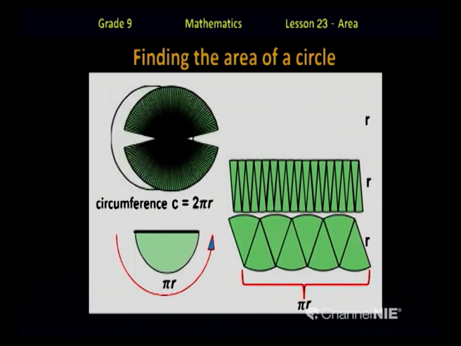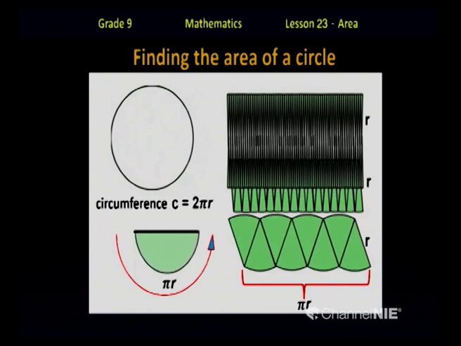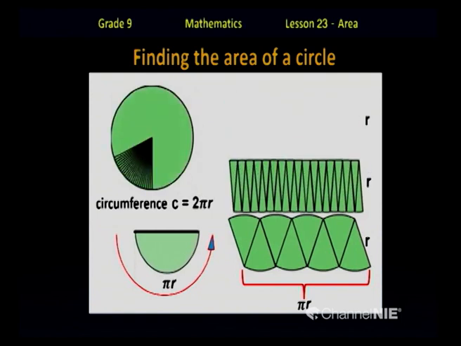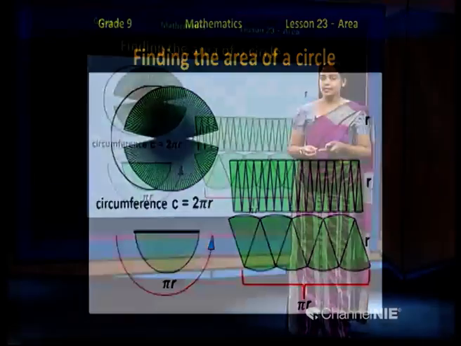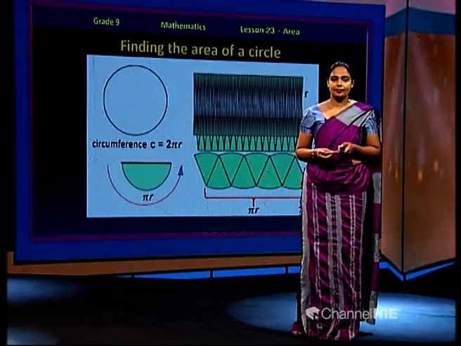And what is the breadth of the rectangle? Isn't it the radius of the circle? Now we have the length and breadth of the rectangle, and using them, let's find the area of the circle.